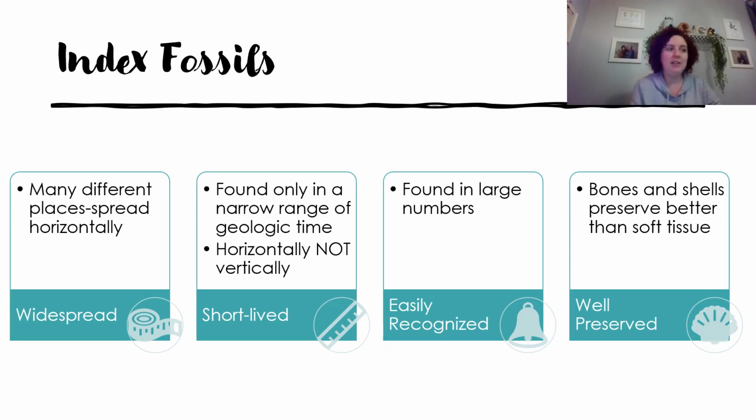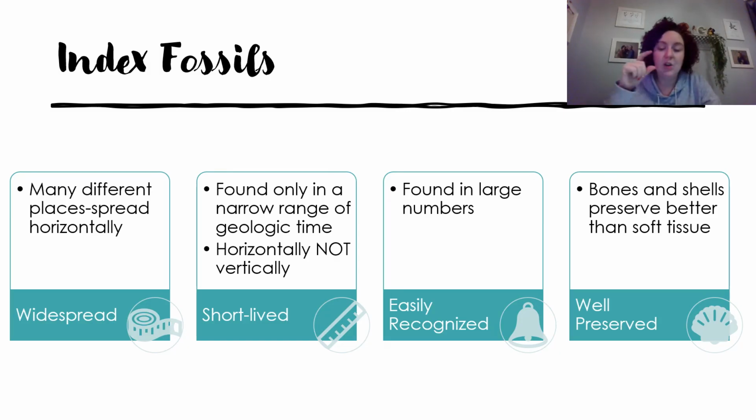And they should be in locations that are fairly spread apart. So if we're looking in North America, we should also be looking in Asia, and we should also be looking in South America, like that sort of a distance, not like the difference between here, Moorhead, and Dilworth. It needs to be over a greater span. So they need to be widespread, found in very different places, spread out horizontally, okay?